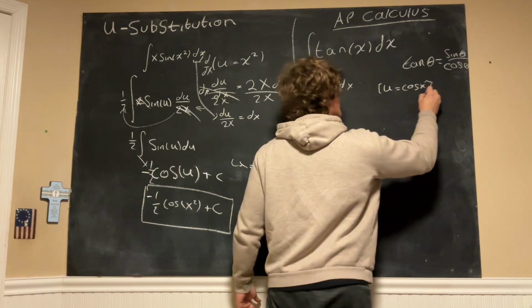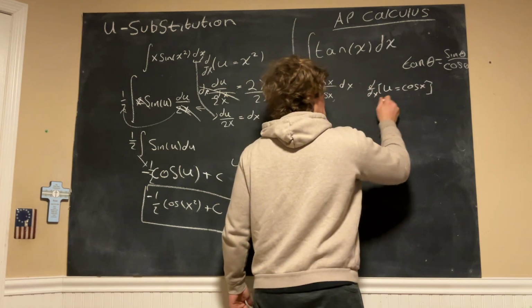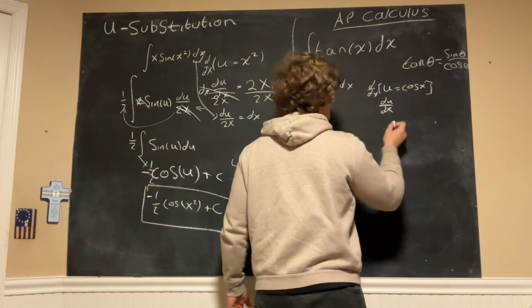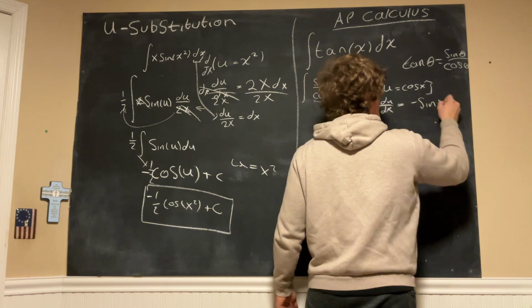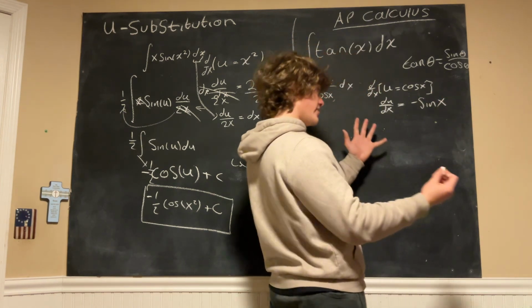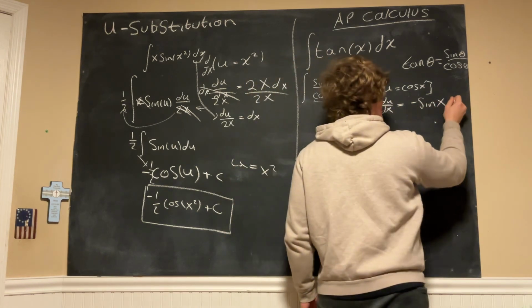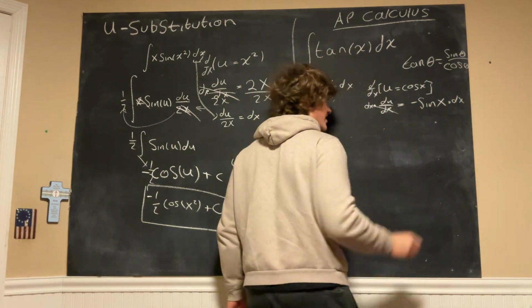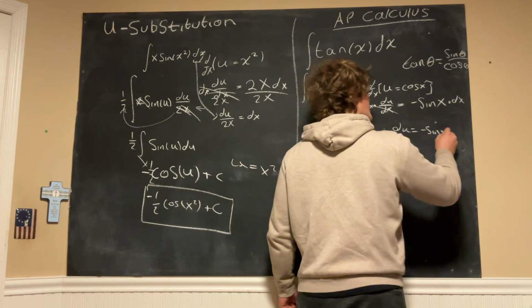Differentiate both sides with respect to x, and you get du by dx, through implicit differentiation, is equal to negative sine of x. Now, this can be treated as a fraction, as it is a first order derivative. So this is times dx, the dx's cancel, and we get du is equal to negative sine of x dx.